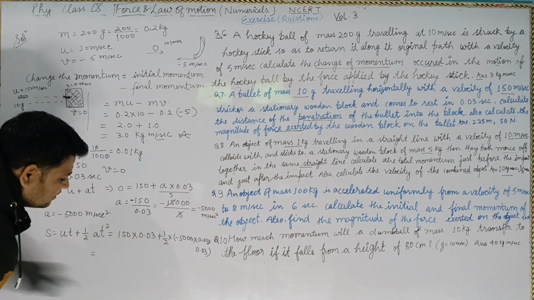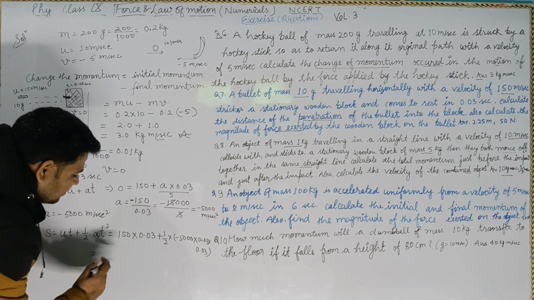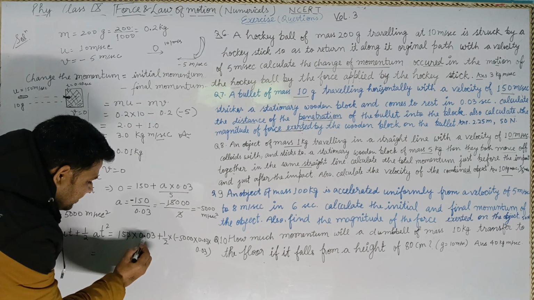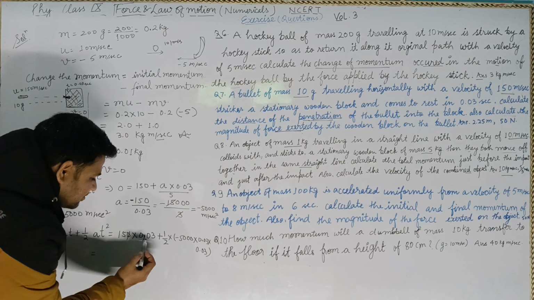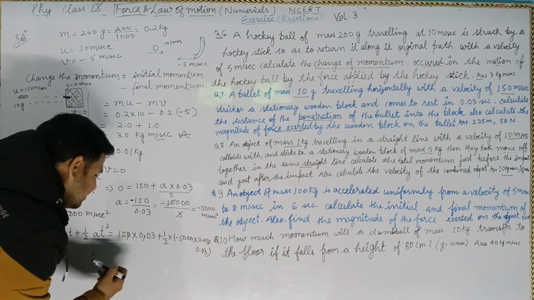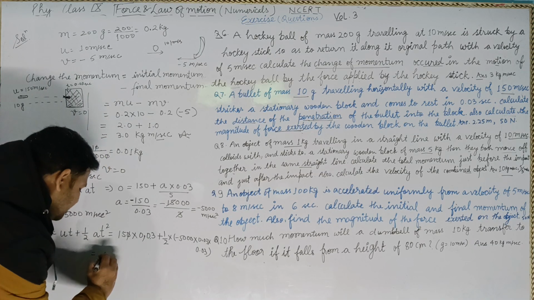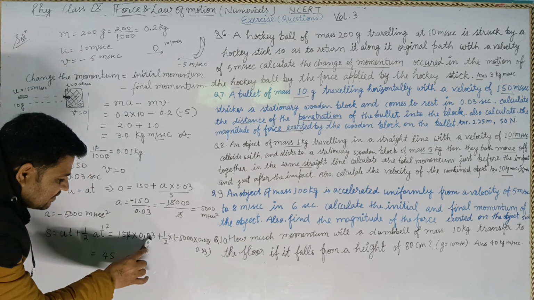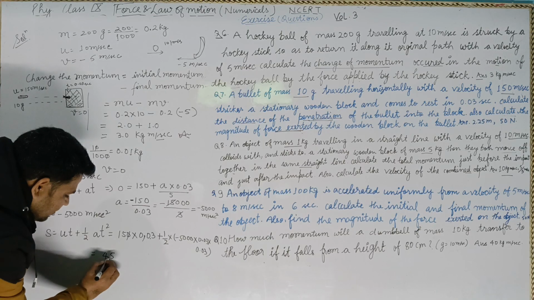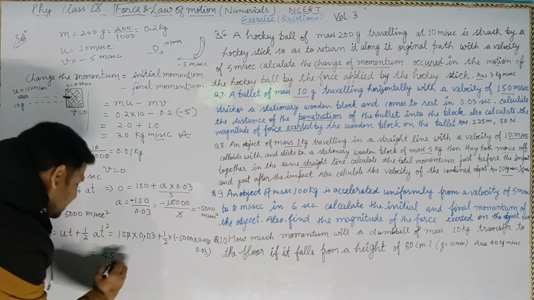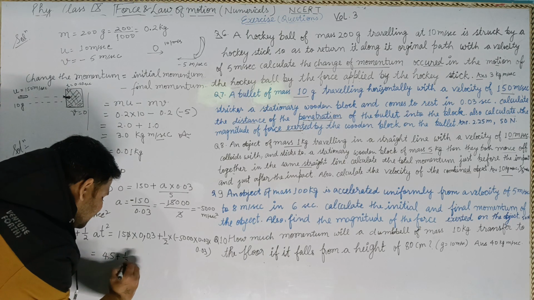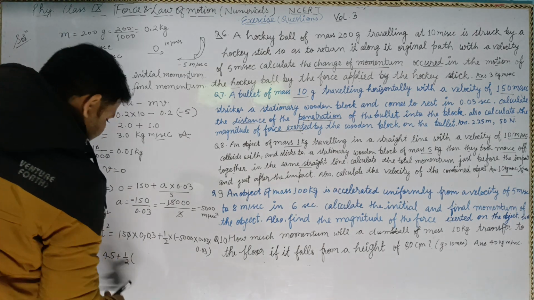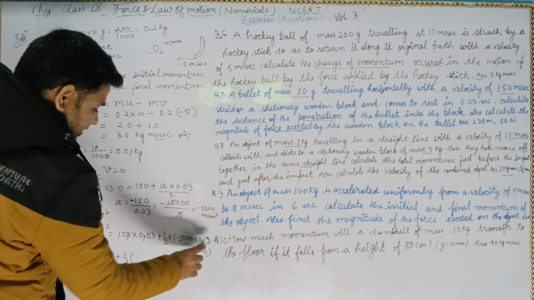We calculate it. We remove the decimal from here, and 15 3 is 45. Because the decimal is one place, we put the decimal here, plus 1 by 2 of minus 5000 into 0.0009. 3 3 is 9.